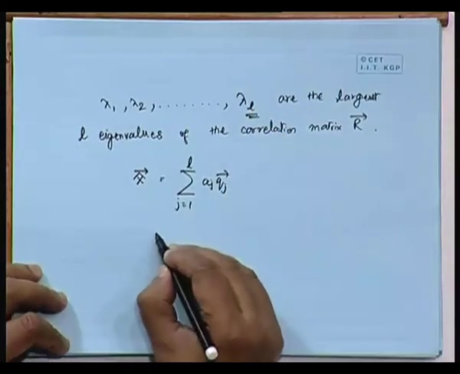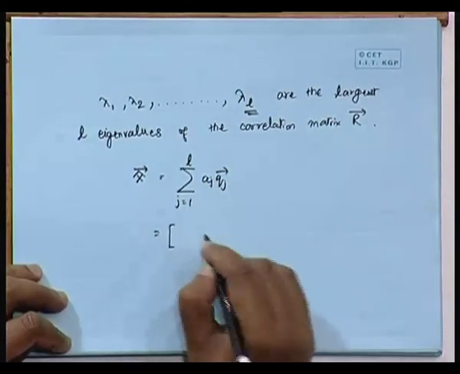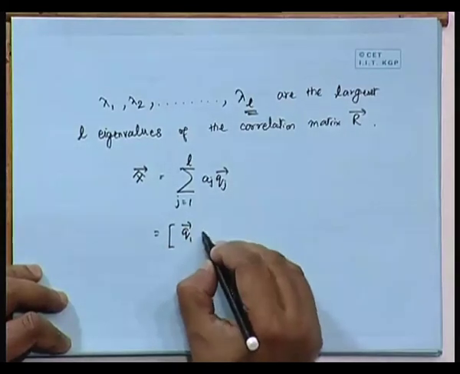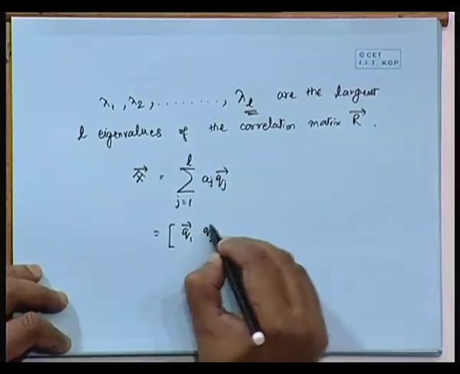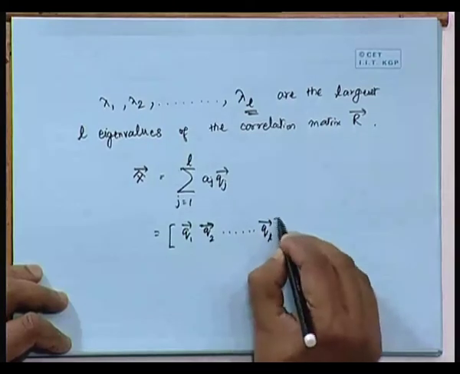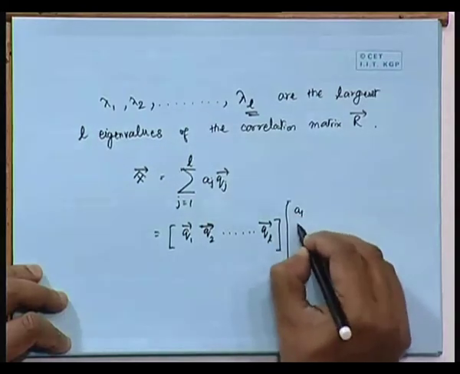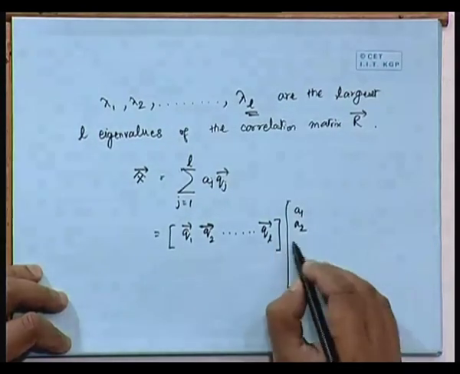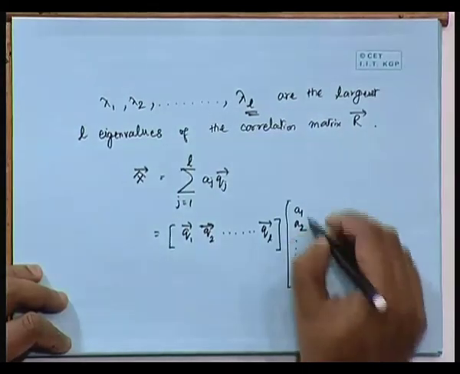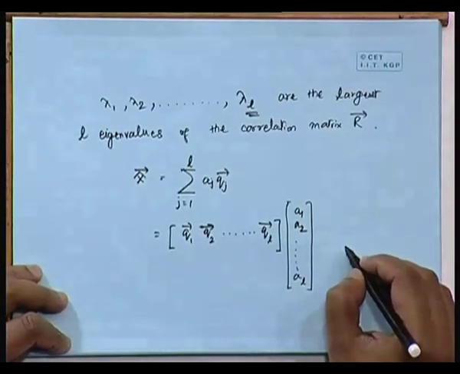This is the summation representation, and the same thing can be written in vector form as q1, q2 up to ql, arranged as a row vector, and A arranged as a column vector. What is the relationship between L and M?